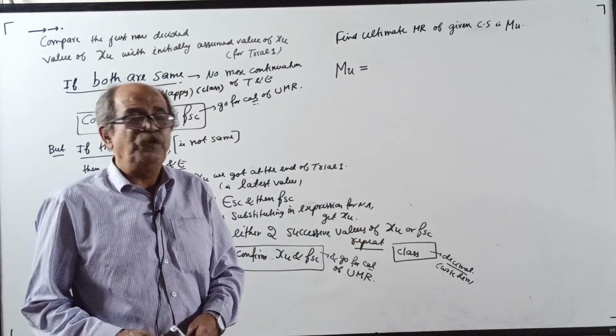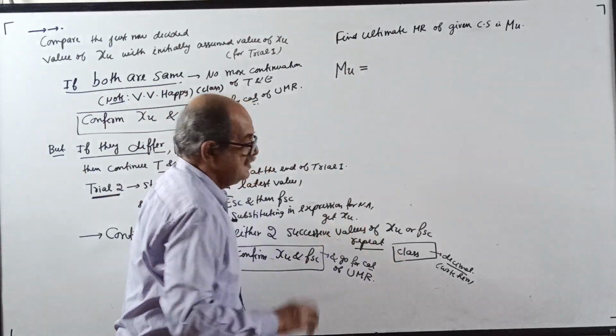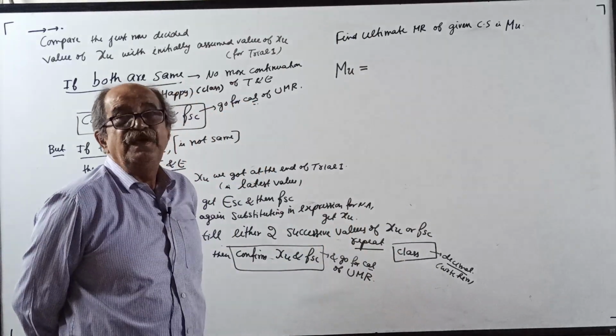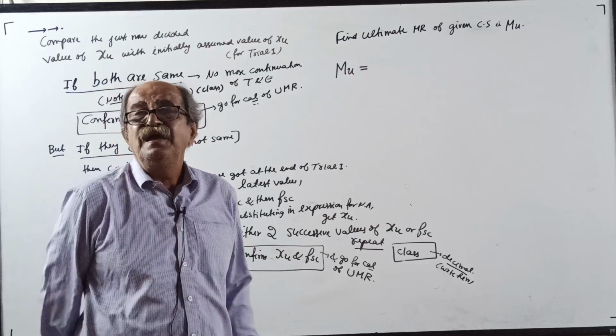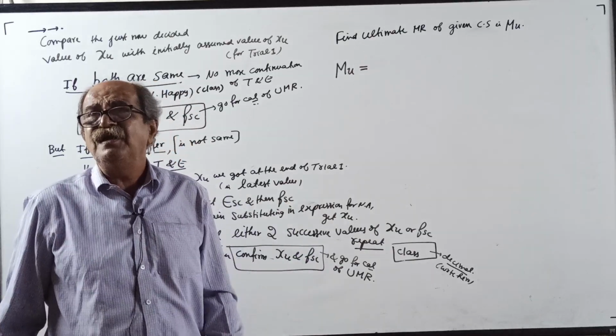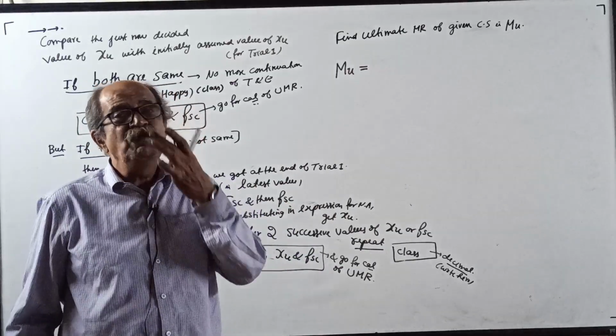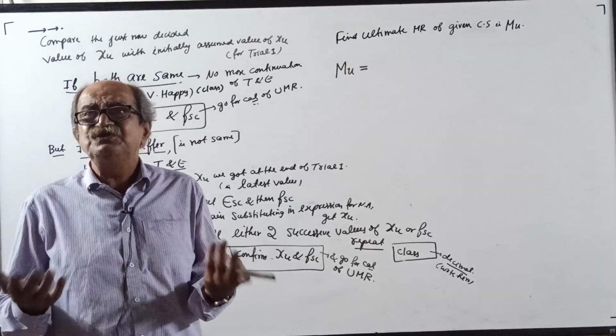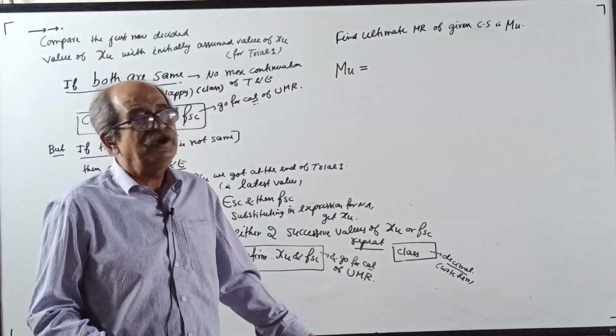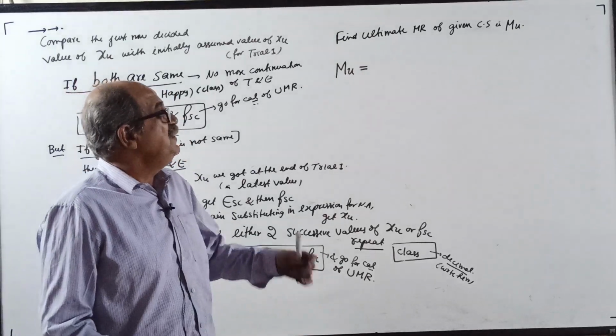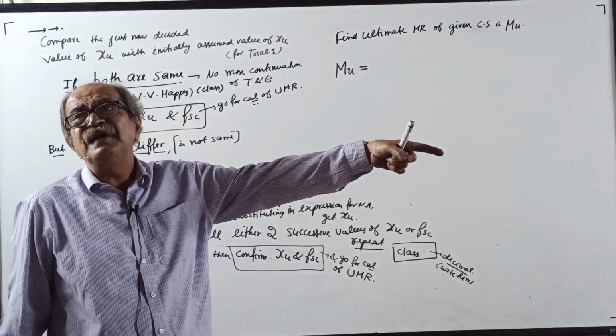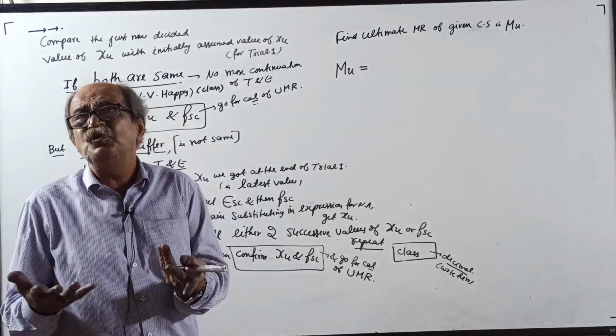Any one repeat, you can make a note here, class. See, XU depends on FSC, FSC in turn depends on XU. If any one of them repeats, the other has to repeat. That much you can have common sense. If this depends on that one, and that does not change, this also will not change.